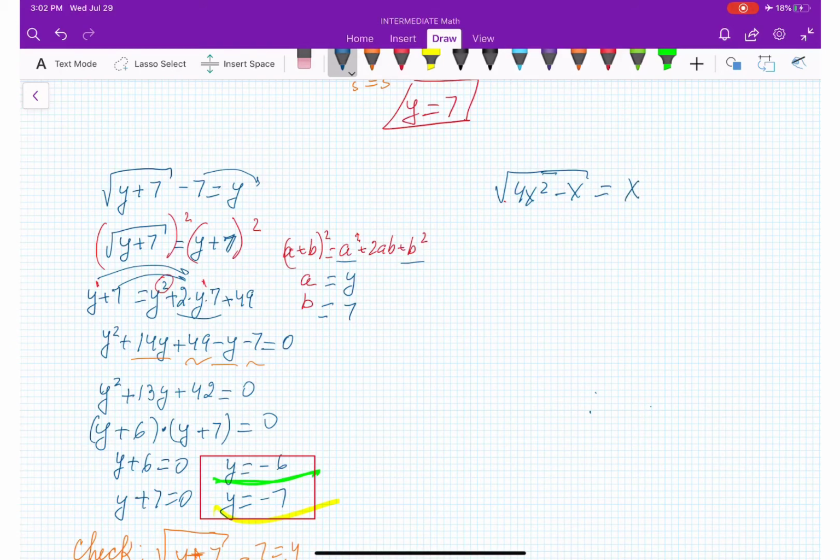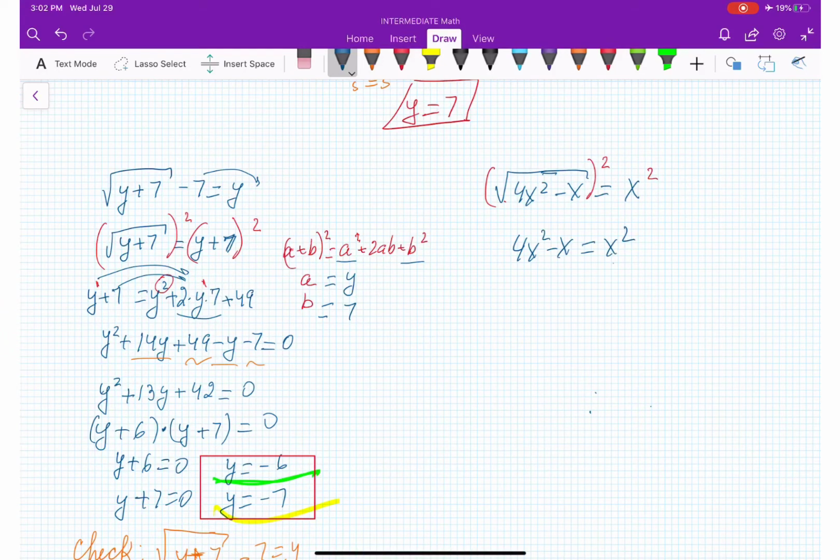Okay, something different. Let's see what we are going to do. So again, since on one side we already have the square root by itself, we don't move anything anywhere. All we do is just square. Square here, square here. So what we get here, clean 4x squared minus x is equal x squared, right?